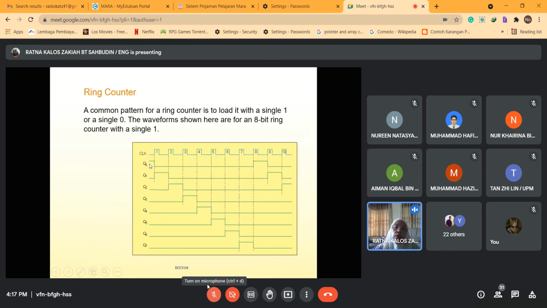You have Q0, where it is positive, and then Q1 shifted, and then Q2, this positive is shifted, and you have this kind of timing diagram for the ring counter. The last one, Q7, at the 8th flip-flop, you see the 1 is shifted there.